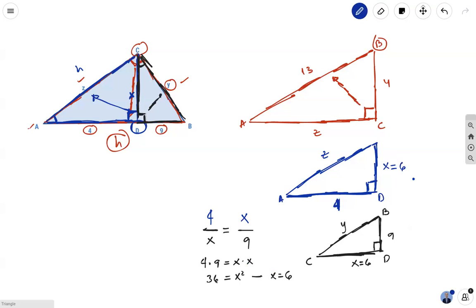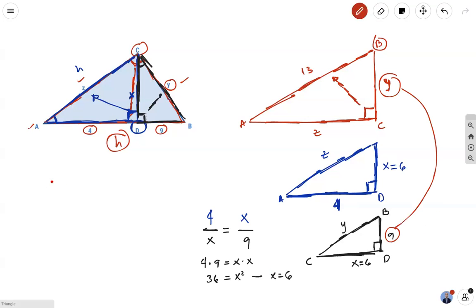So now that I have a bit more information, I can use that in order for me to find the other sides. So let's say I can find y, and in order to find y, I can use the big triangle. So this is my y over here, and that y corresponds to this 9 down here.